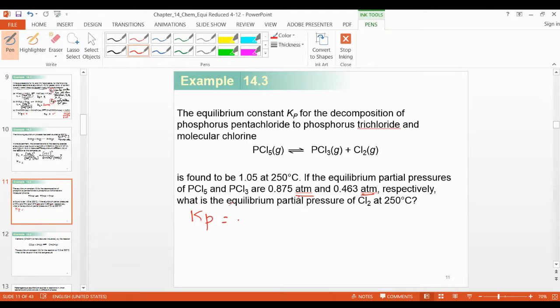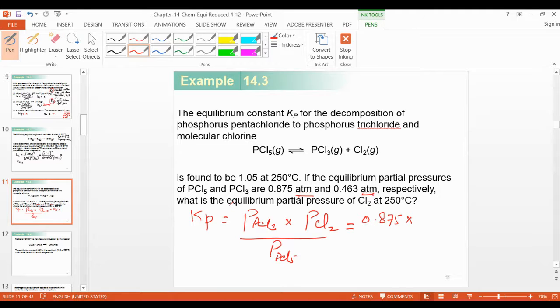So for Kp you calculate the pressure of PCl3 multiplied by pressure of Cl2, divided by pressure of PCl5, right? There is no coefficient, only coefficient one. So you simply write pressure of PCl3, how much is it? 0.875.